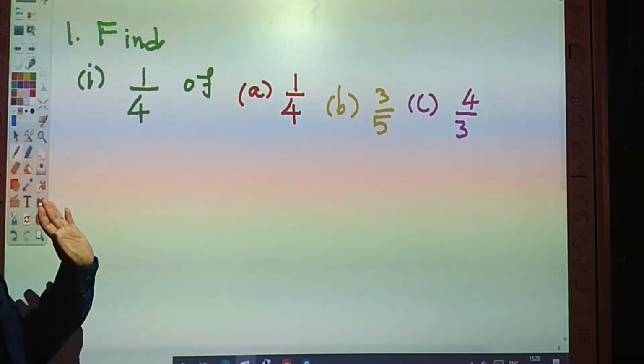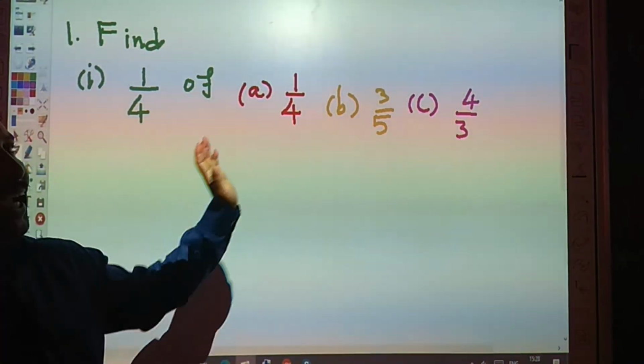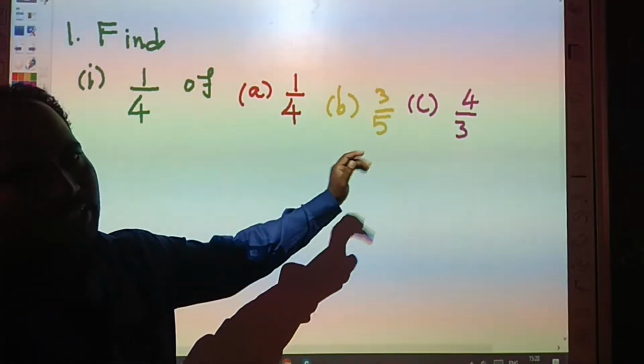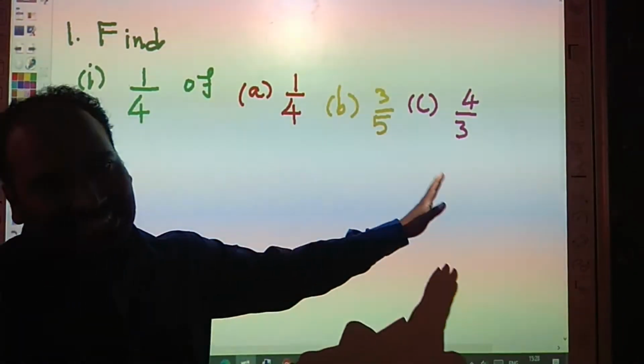Find the first part, 1/4 of A, the next 1/4 of B, and the next 1/4 of C.